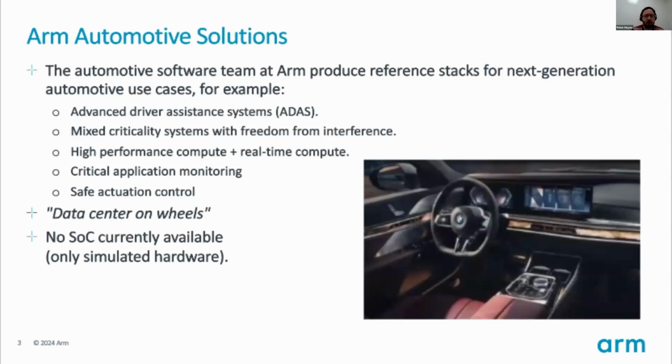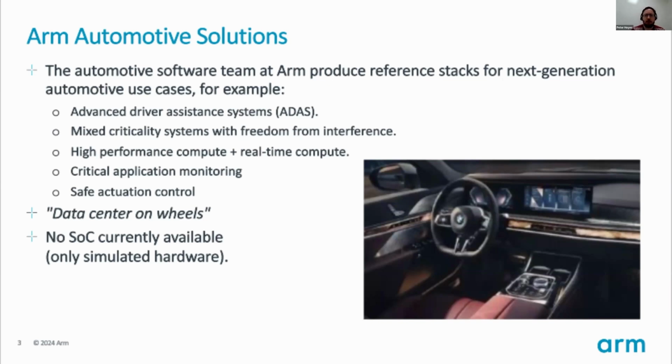So, Arm Automotive Solutions. As other talks have already mentioned, software in cars is becoming more and more complicated every year. But interestingly, the number of processing elements is decreasing. Also, the performance requirements are increasing due to ADAS, advanced driver assistance systems.